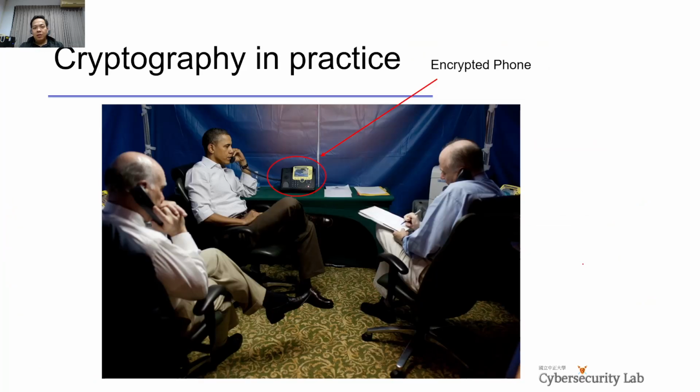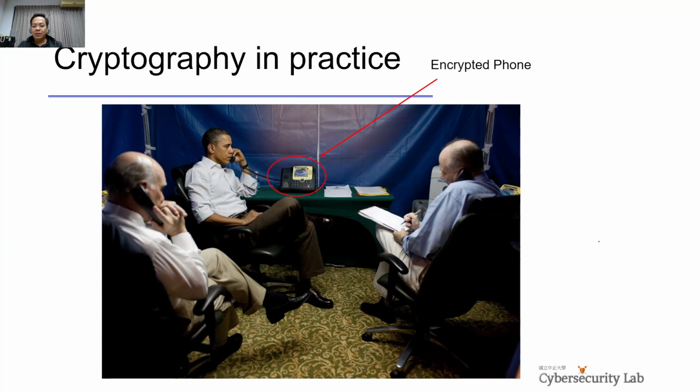And one very famous figure is President Obama from the United States. When he goes abroad, he needs to build up a kind of communication kit. Inside, he has an encrypted phone, and he can make a phone call to every leader of the world. So this is more secure, yes, more secure.